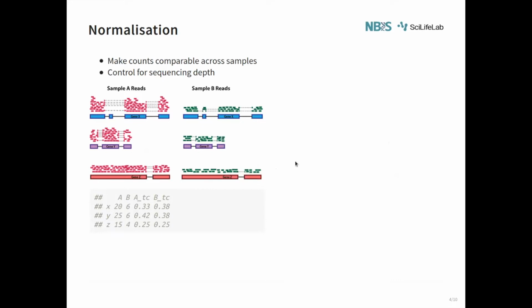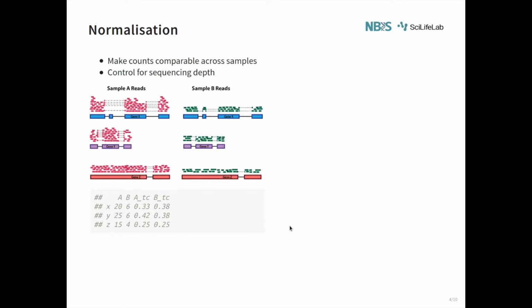So why do we do normalization? The very basic thing you need to do is control for sequencing depth. Let's say you have pooled multiple samples together. At the library prep stage, you try to maintain equal quantities of library within the pool, but it never comes out perfectly equal.